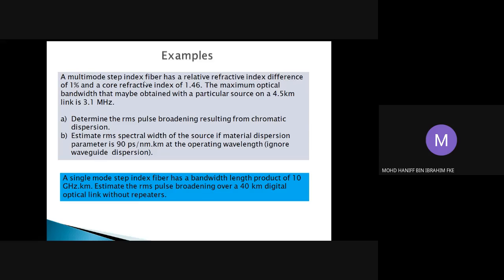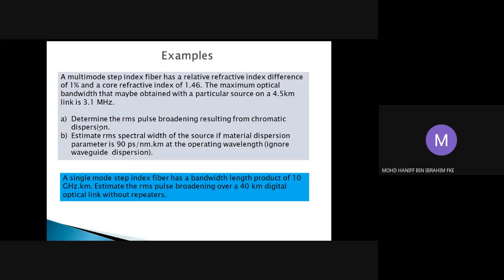In this question, we are given delta and n1, the core index, which enables us to calculate the pulse spread due to intermodal dispersion. Since we know the total pulse spread and the intermodal pulse spread, we can use these two to calculate the pulse broadening due to chromatic dispersion.